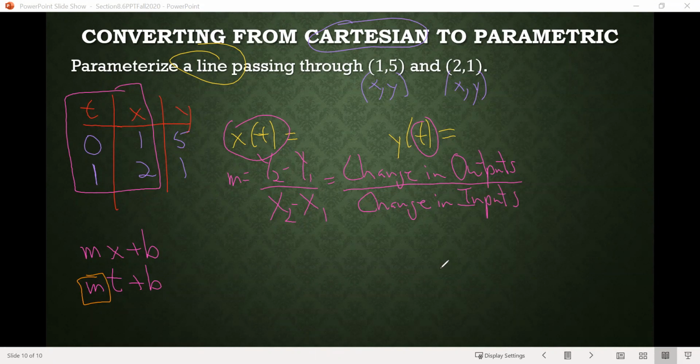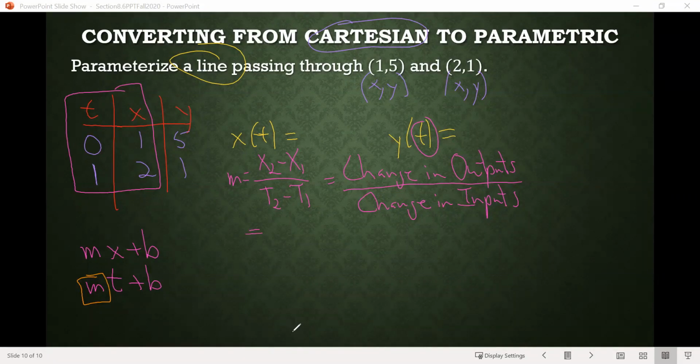And in terms of our t's and x's, we know that the input values are the t values and the output values are the x values. So with that in mind, we can actually change our slope formula here to, instead of y2 minus y1, I'm going to make it x2 minus x1 over t2 minus t1. Because in this case, my x's are the outputs and our t's are the inputs.